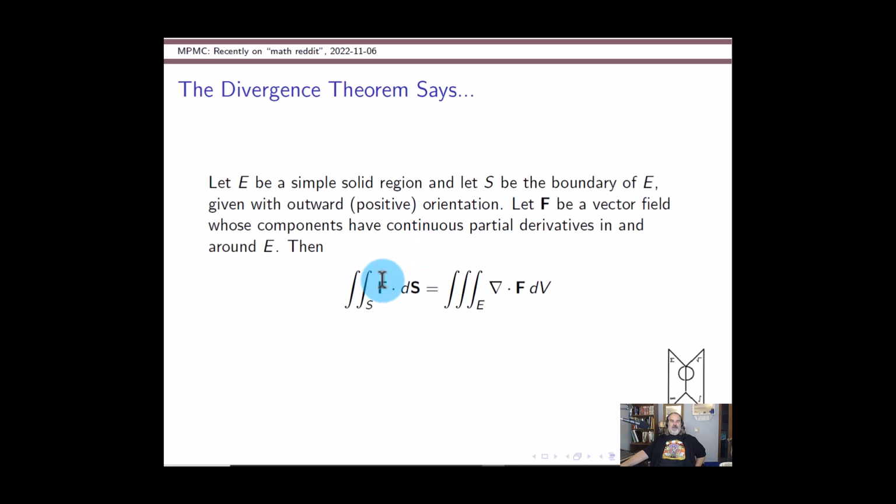It turns out that if you're trying to get the surface integral of flux, the net total flux across that surface, you can get the same result by doing a triple integral over a volume of the divergence of that vector field. Okay, so this tells us basically a balance of what's going in versus what's going out.